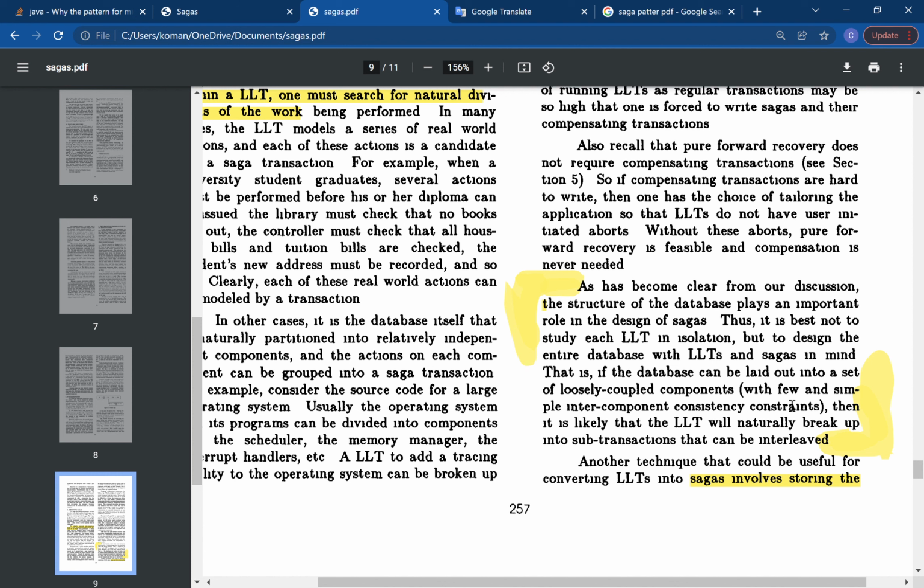Also, this paragraph sums up how to prepare your solution to use sagas. If you are, for instance, trying to create a new microservice in your application, it will probably be better to think about how it will work if your new microservice becomes part of some saga.